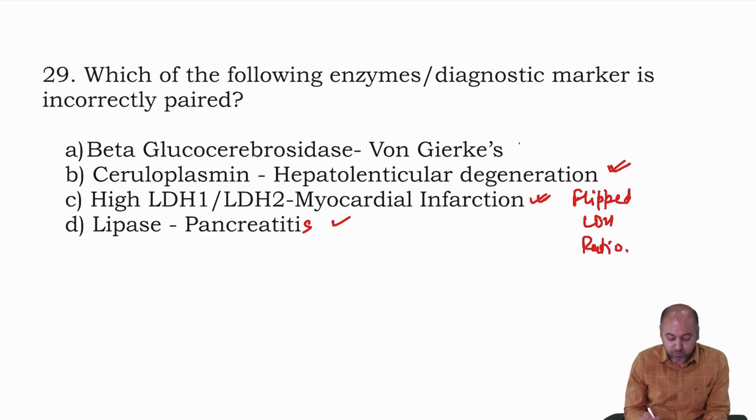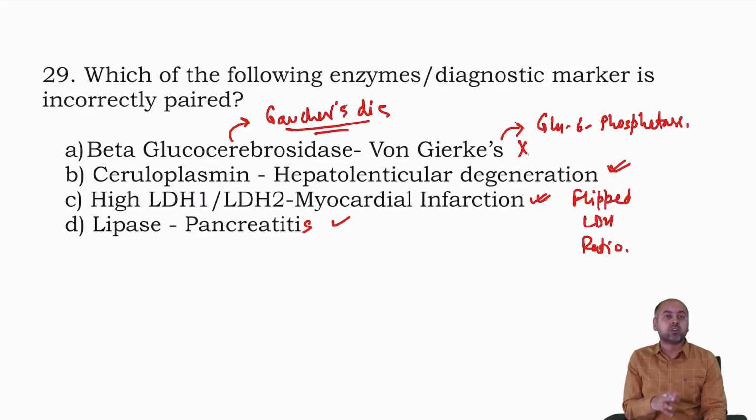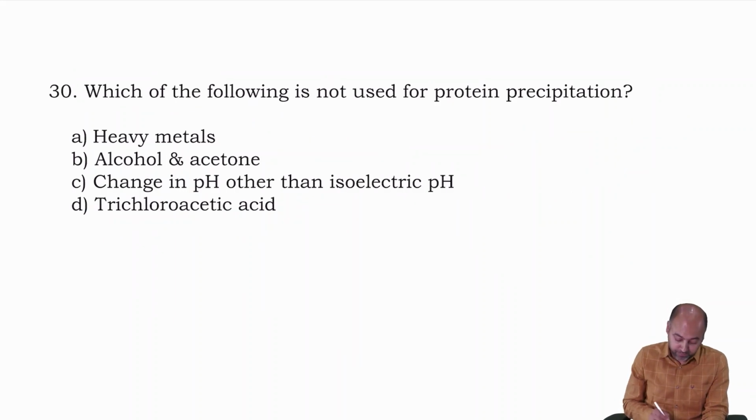Beta glucocerebrosidase in von Gierke's, no, this is not correct. In von Gierke's, the deficient enzyme is glucose 6 phosphatase. The beta glucocerebrosidase is deficient in Gaucher's disease. Okay, so the enzymes and the associated disorders is a common question.